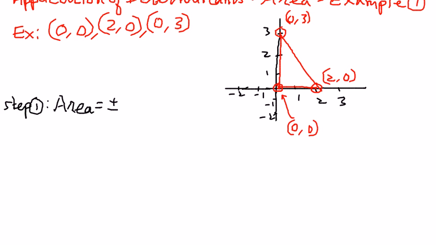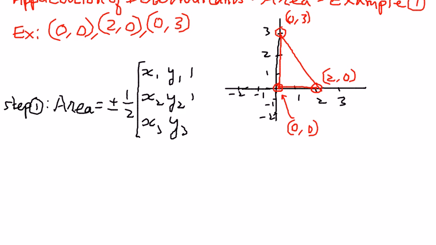I'll tell you the significance of plus or minus, and then we'll also tell you the significance of 1/2 in just a minute. And then here we're going to pick up the ordinates of vertices of the triangle: x1, y1, 1, x2, y2, 1, and x3, y3, and 1. So this is a 3 by 3 determinant, and this is what we need to do.